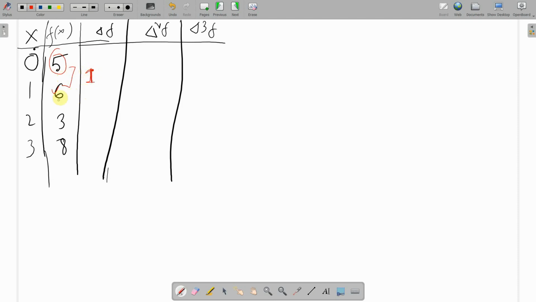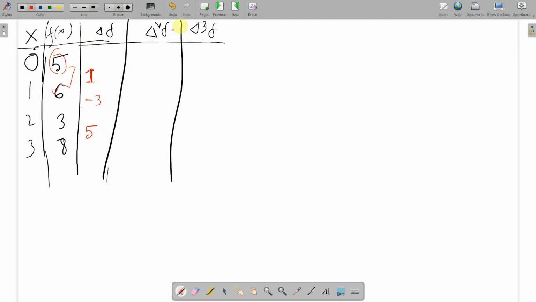It's a very interesting and fun way to do it. So now 3 minus 6 will give you minus 3, and 8 minus 3 will give you plus 5.